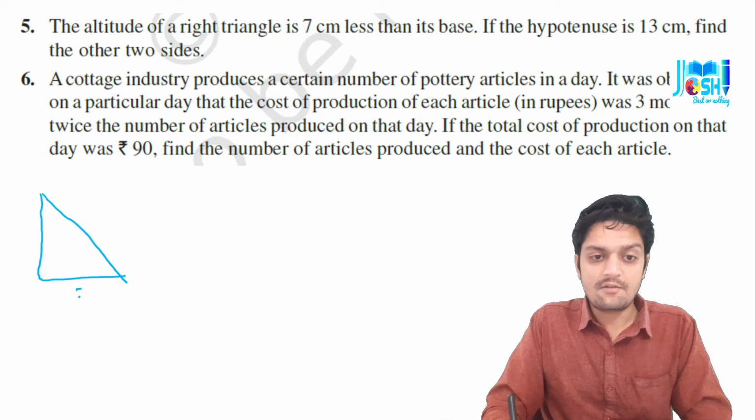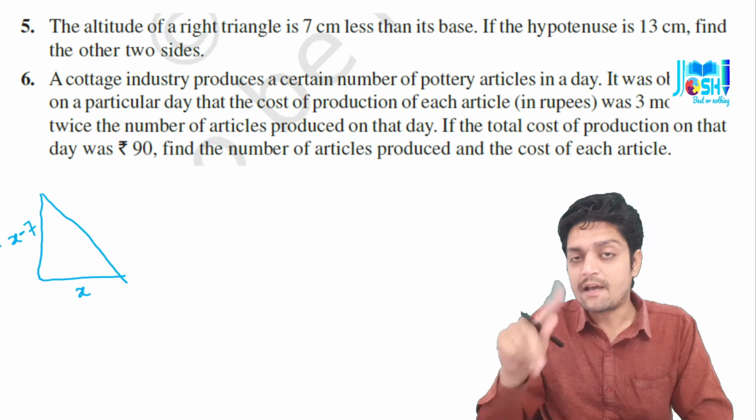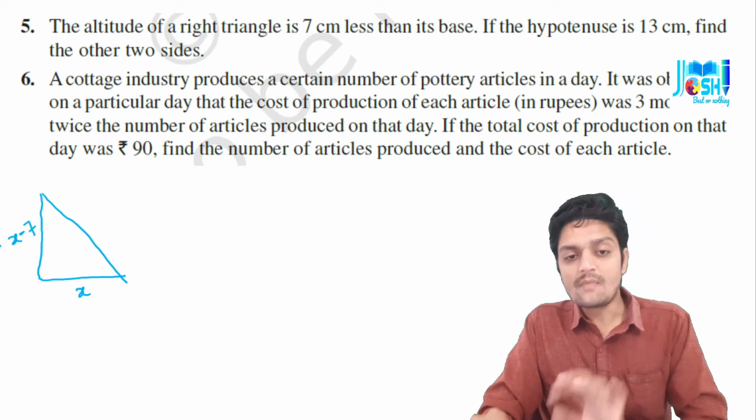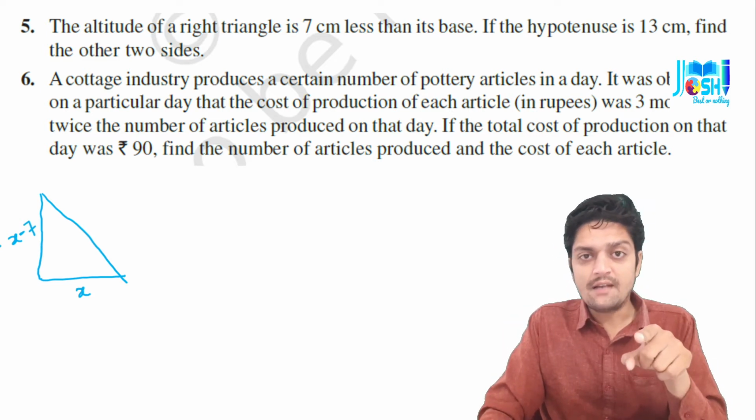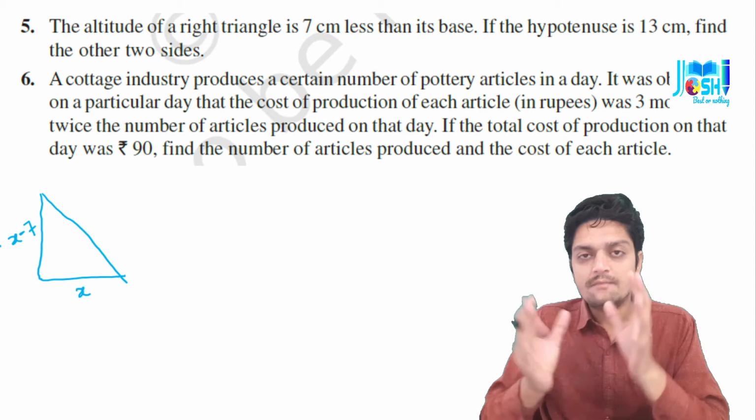Then we have to assume the base is x, so the altitude is x minus 7. Don't do 7 minus x, because if the base is 10, then the altitude 7 less is 10 minus 7, so that is 3 only.